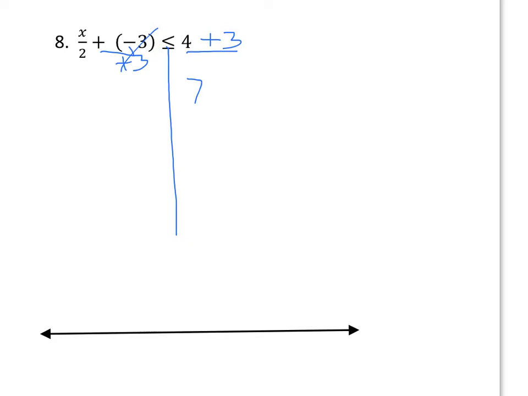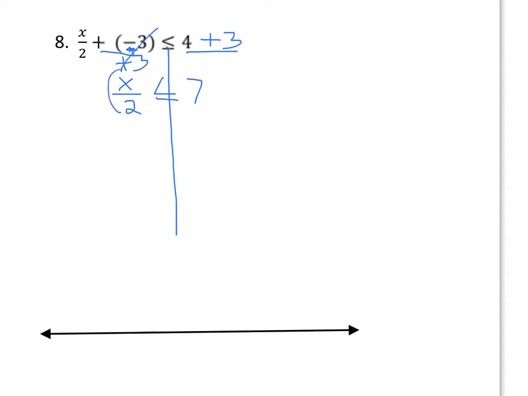The left side, I'm just left with the x over 2. Keep the same inequality symbol. Even though I got rid of this negative 3, I added, so I'm not multiplying or dividing by a negative. Now on this left side, remember this fraction bar means division, so I do the opposite. I multiply both sides by 2 to get x by itself.